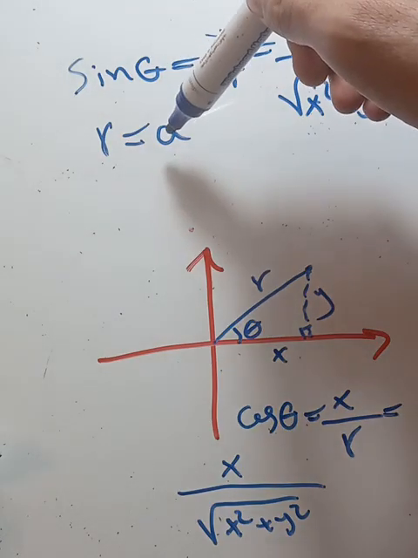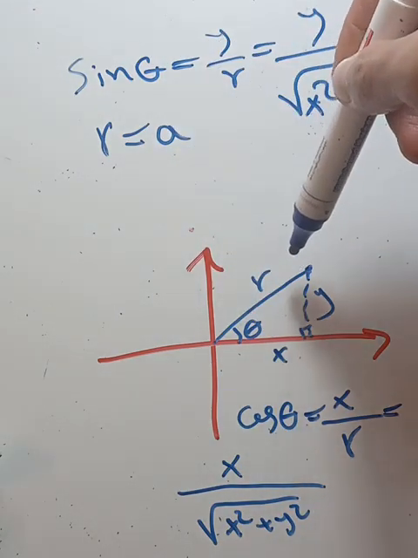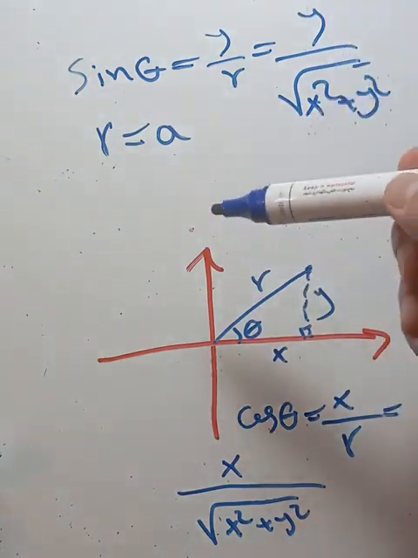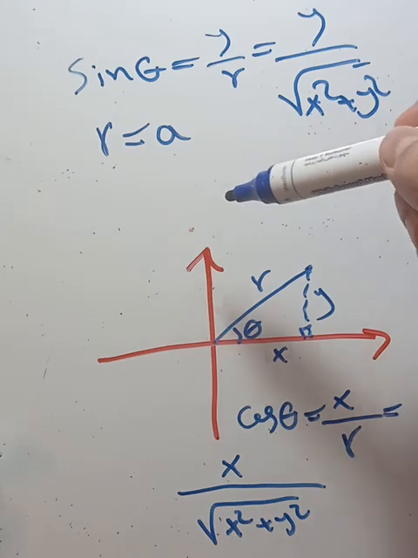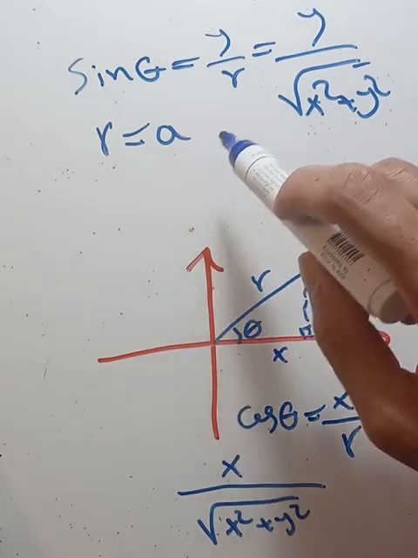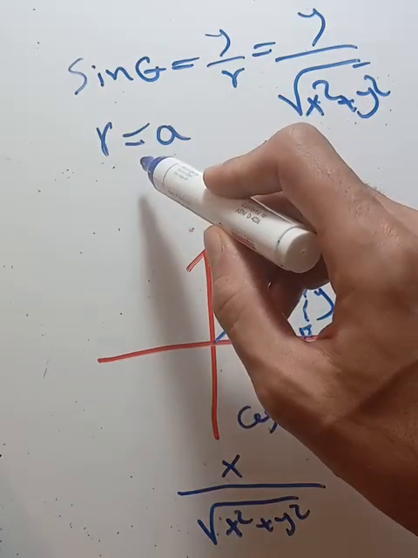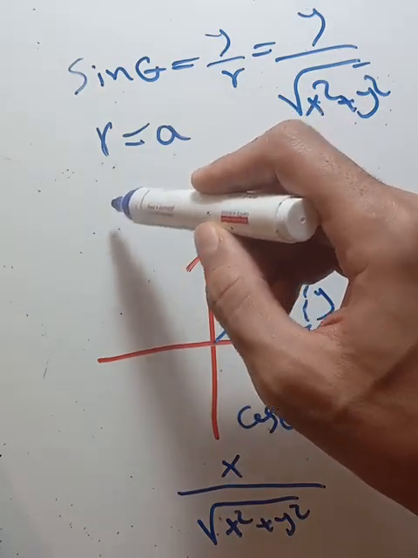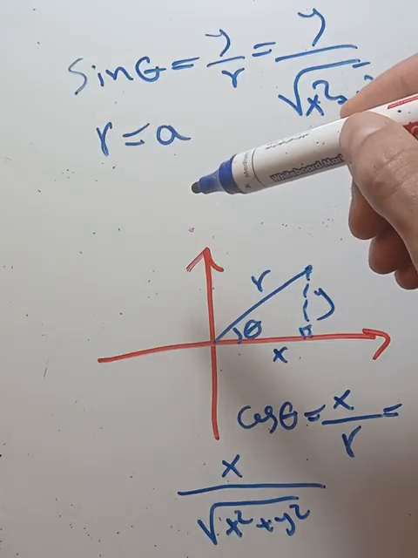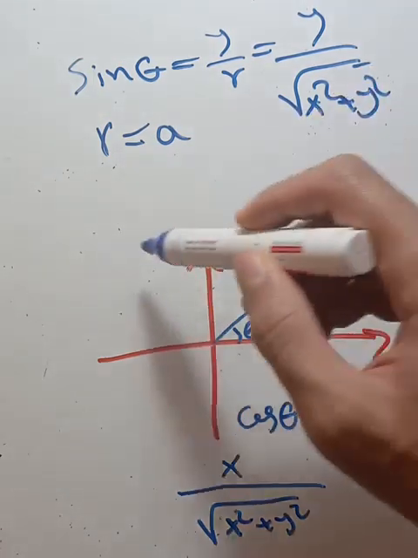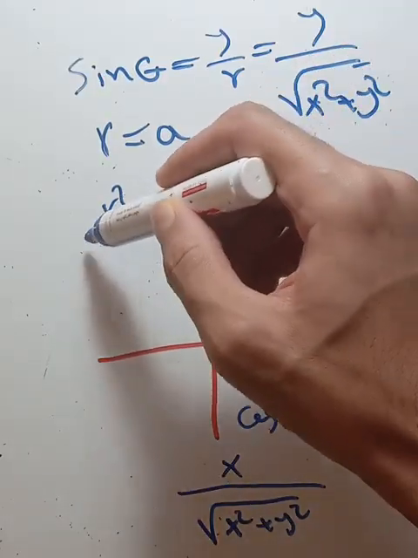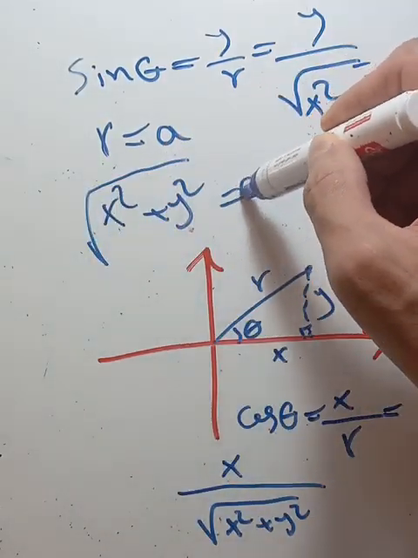So let's convert it to the Cartesian coordinate system. r is the square root of x squared plus y squared, and it is equal to a.